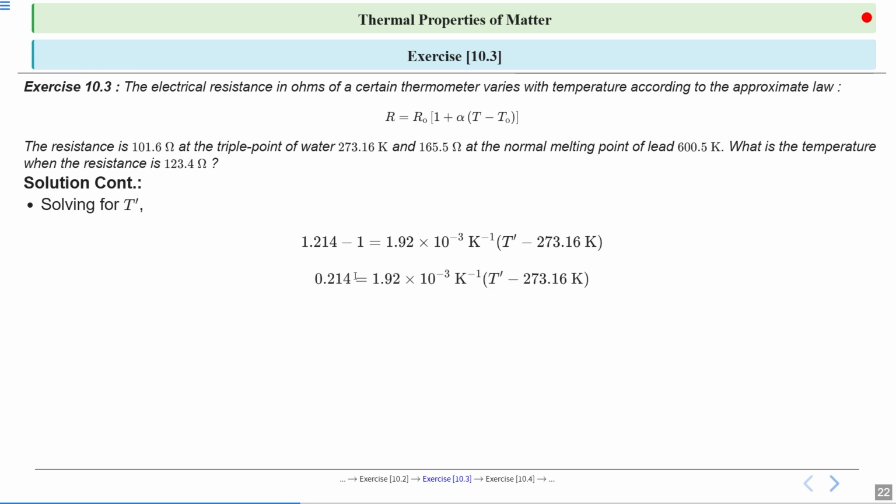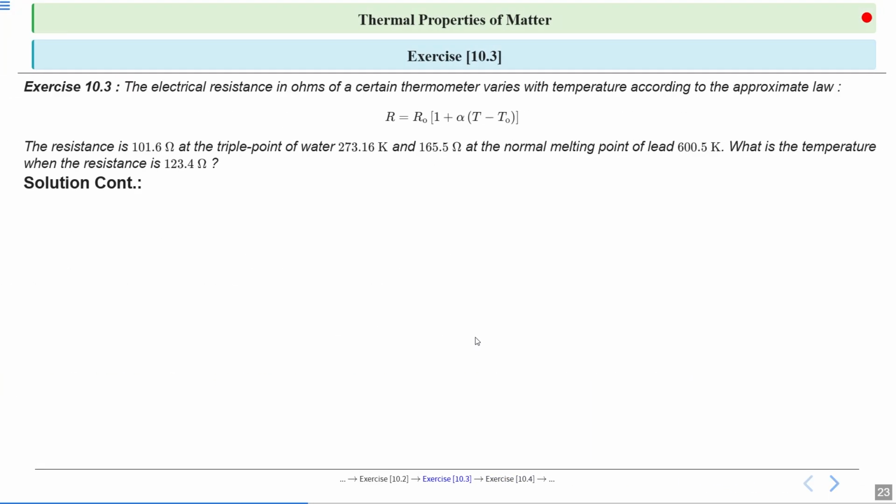So 0.214 is equal to 1.92 into 10 raised to the power minus 3 per Kelvin into T prime minus 273.16 Kelvin. So 0.214 divided by 1.92 into 10 raised to the power minus 3 per Kelvin is equal to T prime minus 273.16 Kelvin. Further solving this, you will get the value of T prime.